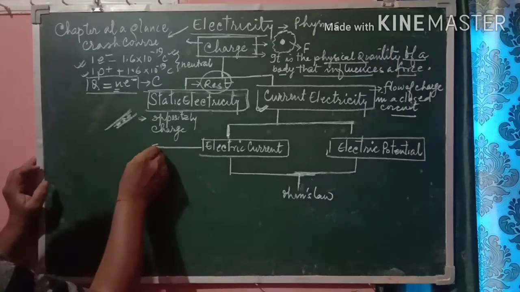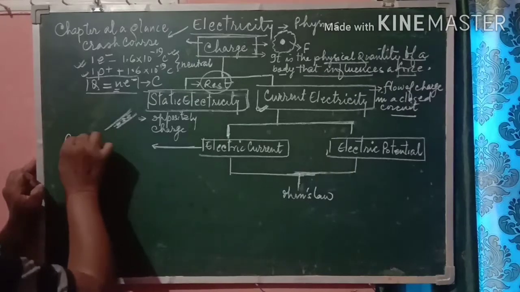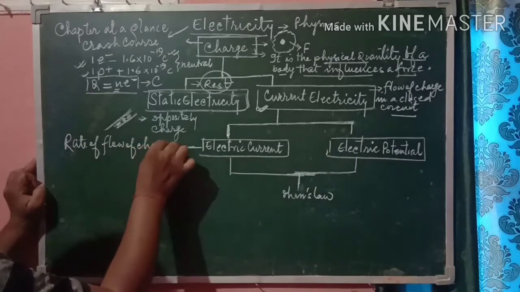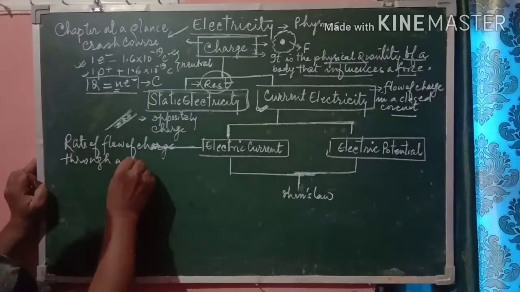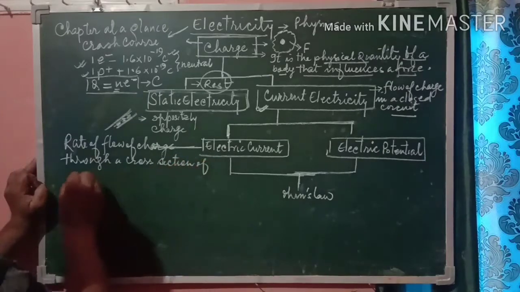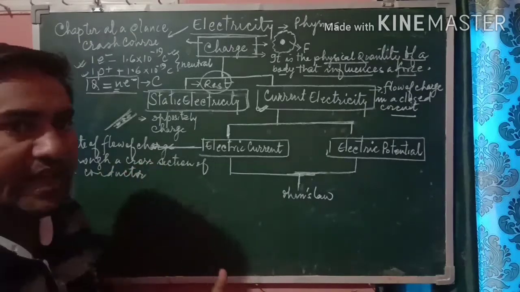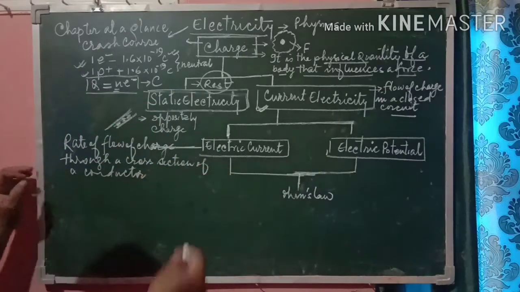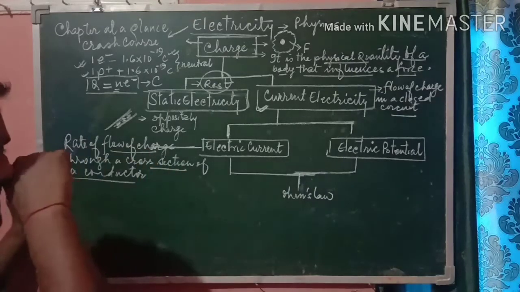Actually, electric current is the rate of flow of charge through a cross section of a conductor. Actually, I have explained this in detail in my previous videos, so here I am only telling you the topics. So electric current, the rate of flow of charge through a cross section of a conductor, is known as the electric current.